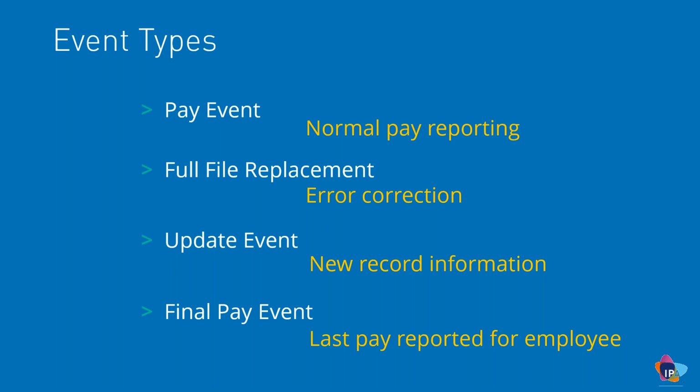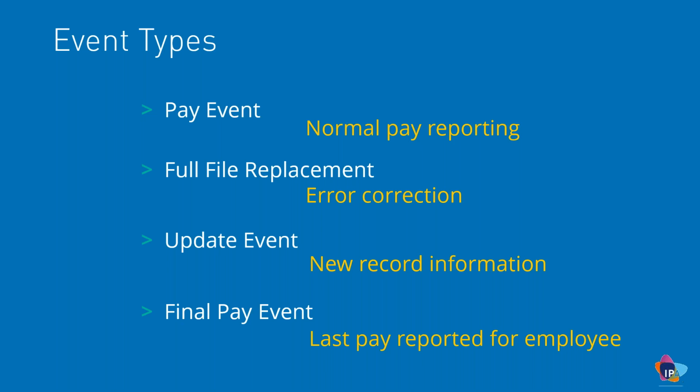At other times, you may be putting in some other categories of information. For instance, the full file replacement is the option you'll pick when you're making a correction to a previous submission. The update event will be something you'll need to use when you're putting in some new information, or changing some information for an existing employee.